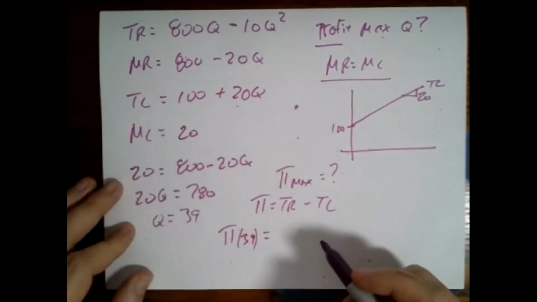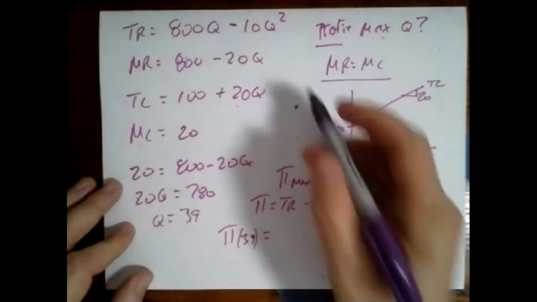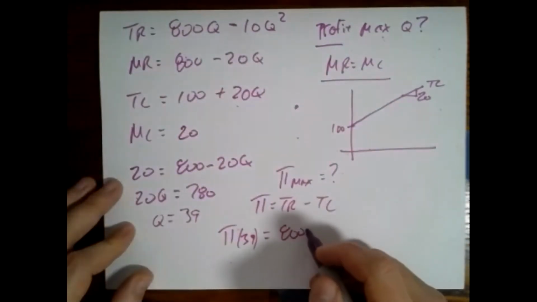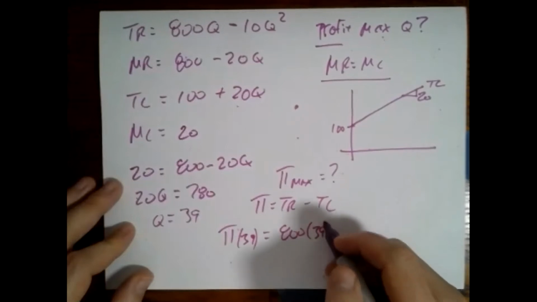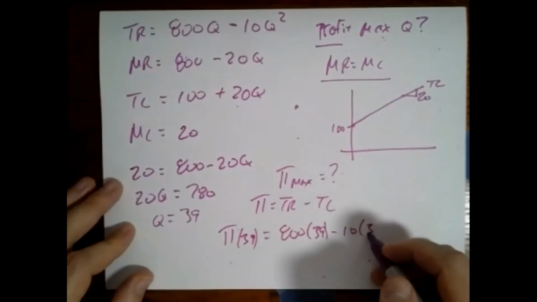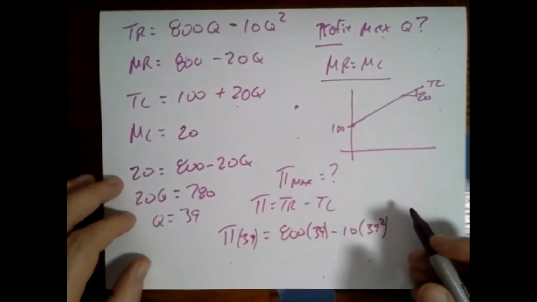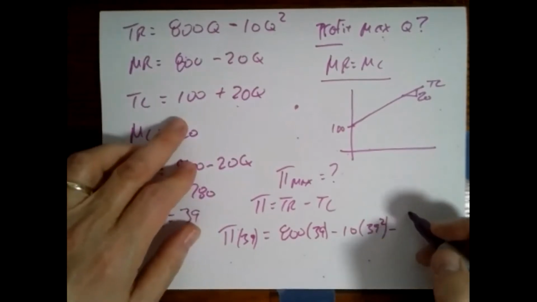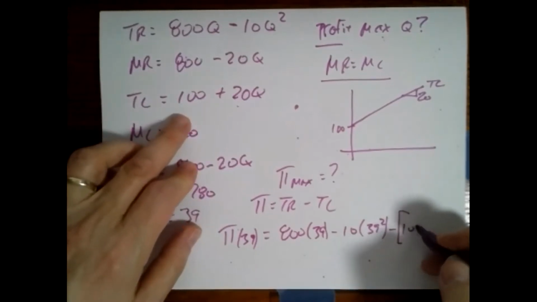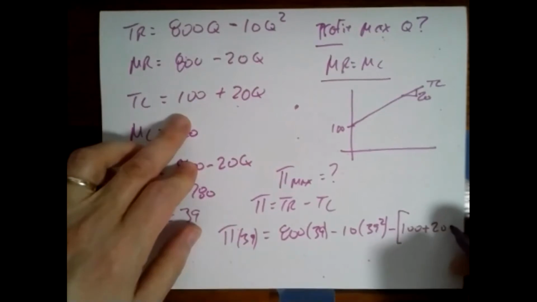So our total revenue is 800Q minus 10Q squared. So we have 800 times 39 minus 10 times 39 squared. And then our total cost is 100 plus 20 times 39.